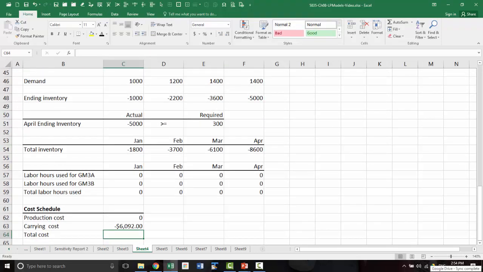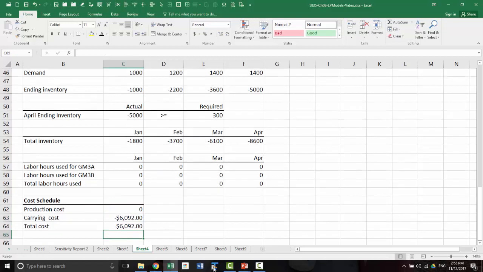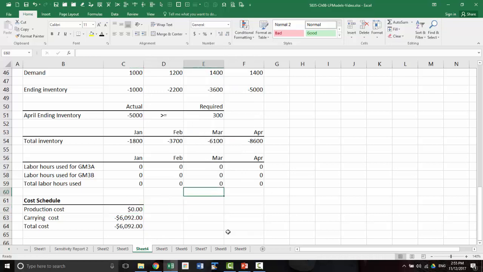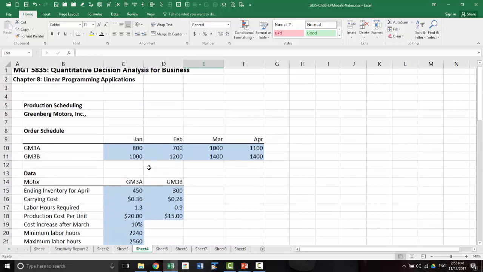So that will give us the carrying cost, and then we sum the two. So that will be the total cost. Let's make that into currency as well. So now we have everything set up, cost and the model.